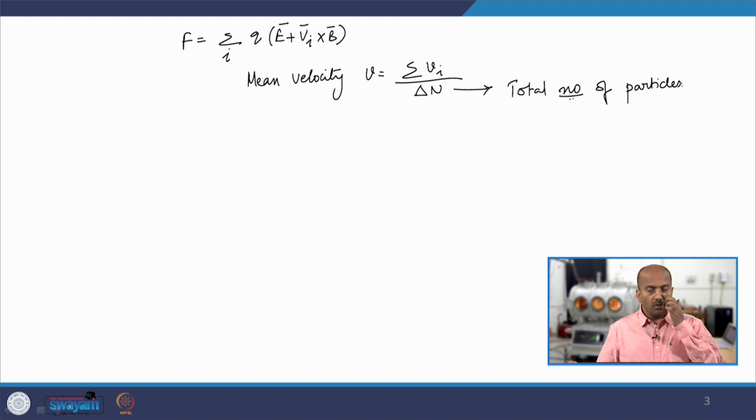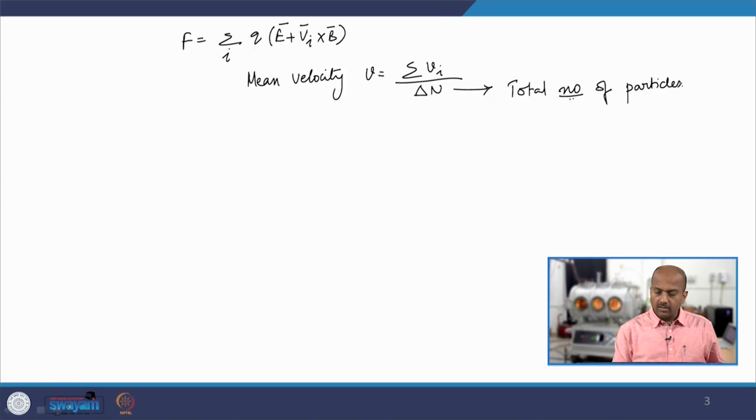Now, as long as you are considering plasma as a particle, you are addressing the individual behavior of the particle. But when you consider it to be a fluid, you no longer are looking at the individual behavior, rather you are looking at the collective behavior of the entire fluid and trying to write equations pertaining to the motion of the fluid.